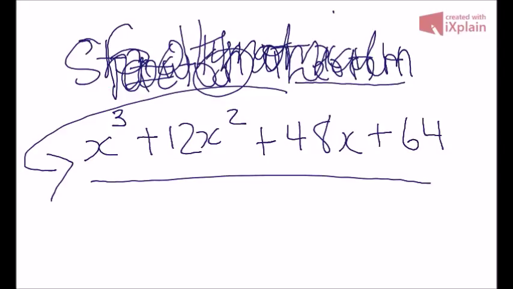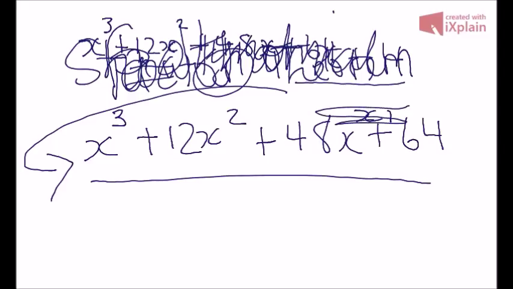The question is x cubed plus 12x squared plus 48x plus 64. And we know that they want to divide this by x plus 4.